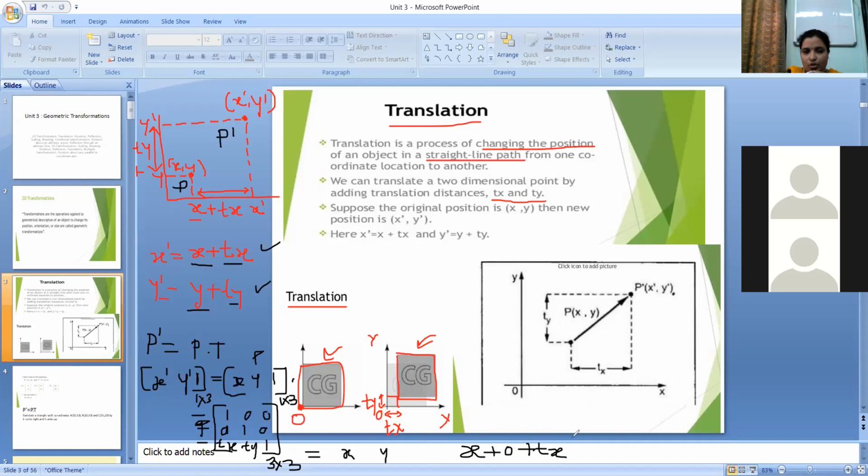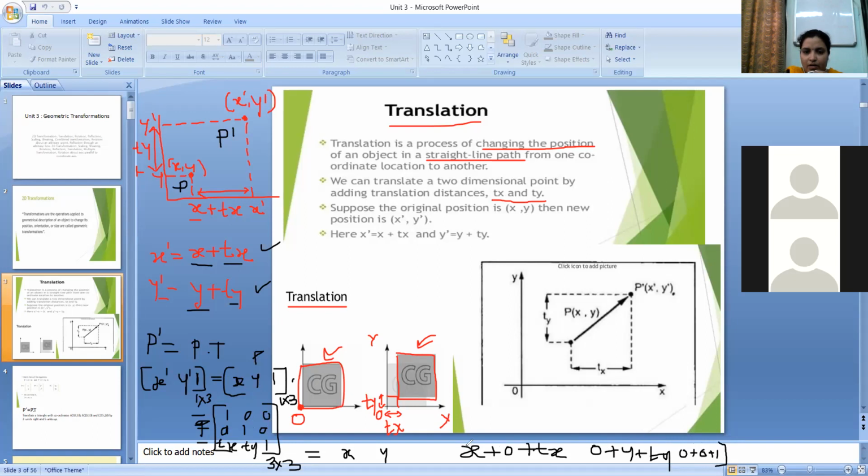So X into 0, 0. Y into 1, that is Y. And 1 into TY, that is TY. So I am getting this second element. And again, this row with the third column, X into 0, 0, Y into 0, 0, 1 into 1 is 1. So I am going to get 0 plus 0 plus 1.